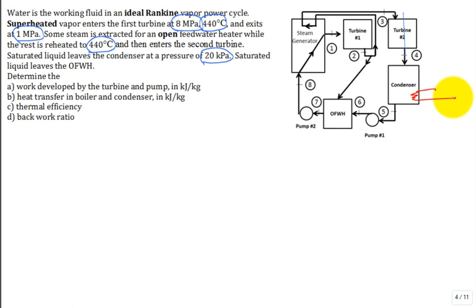It's the temperature of the water or the air that you can typically reject heat to. So I picked a temperature around 60 C, that's pretty warm, and around 20 kPa in that condenser. That's our low pressure.